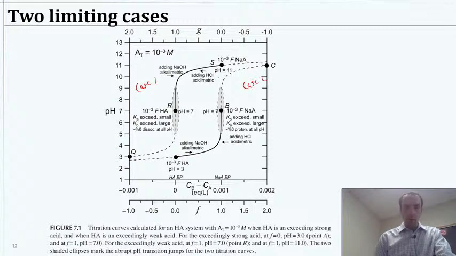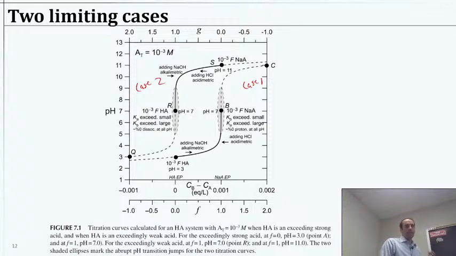Notice that pH 7 occurs right here. Did I get this probably backwards? Because if this is defined here as the Cb minus Ca is 0, then this should be case 2. Apologies.